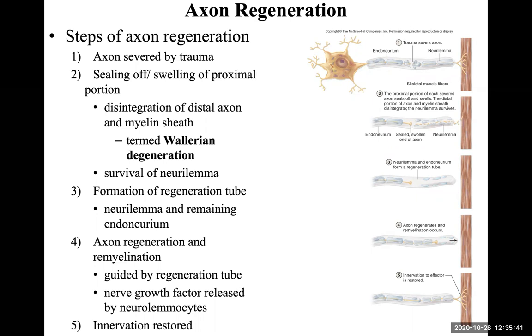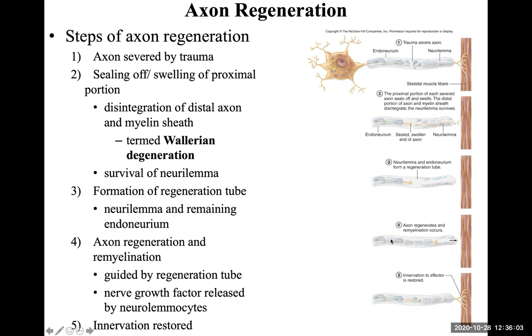However, as long as there's some neurolemma that remains, that neurolemma stays intact. And then you get the formation of what we call the regeneration tube. The regeneration tube will form around the remaining neurolemma and the portion of the axon that wasn't damaged.